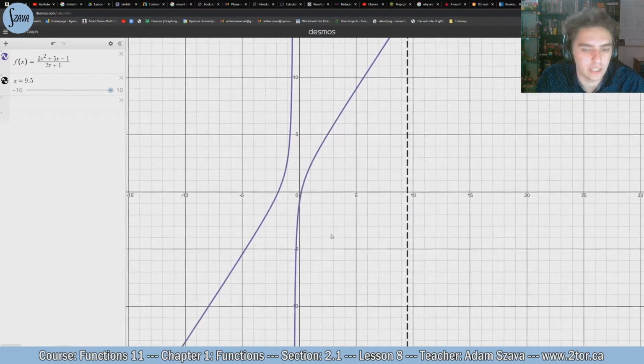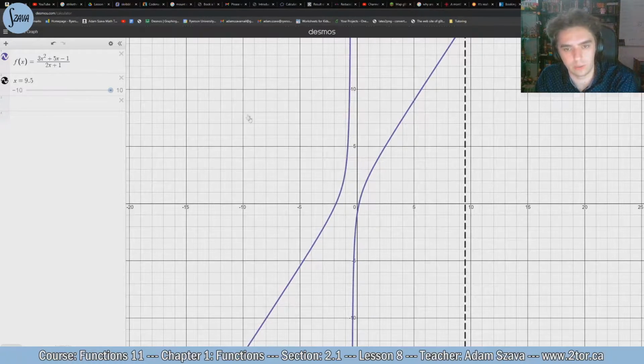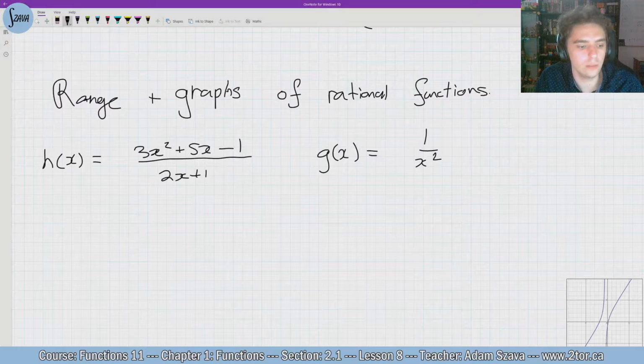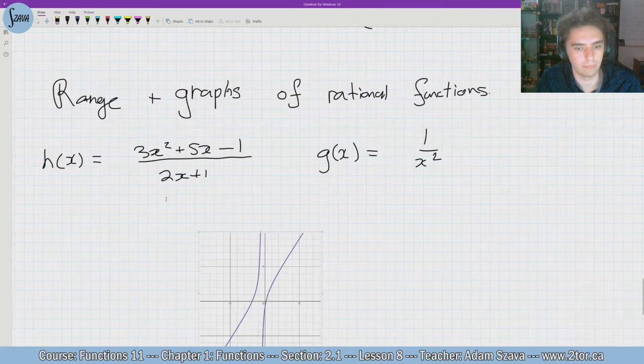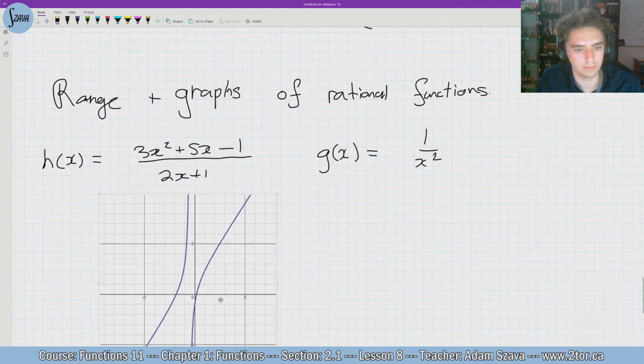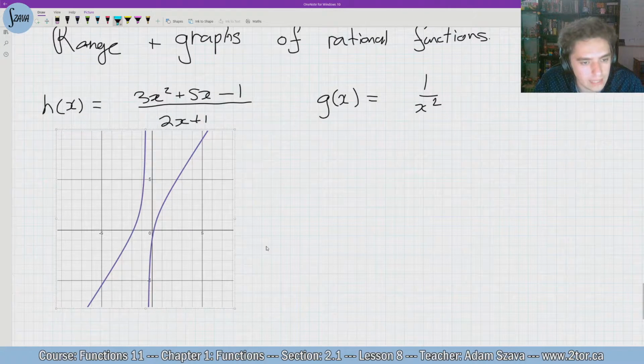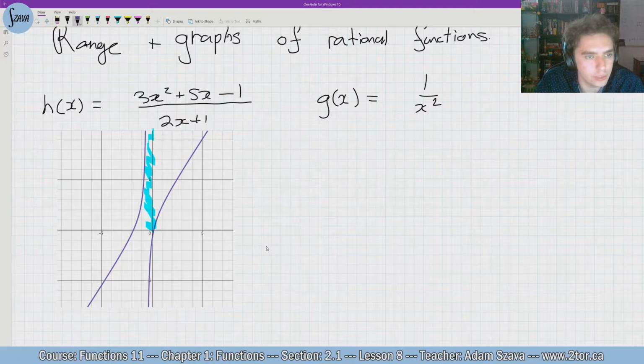Now the range is another question. Maybe I'll take a quick screenshot of this to help us out here. The range of this function is all the possible outputs we get from the function. So do we get any of these numbers as outputs? Yeah, we do, from actually two different possibilities.